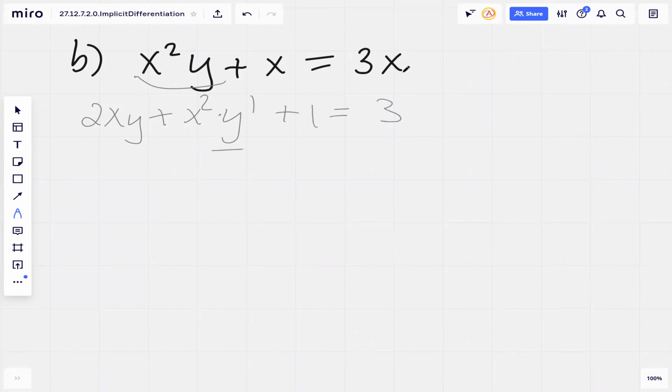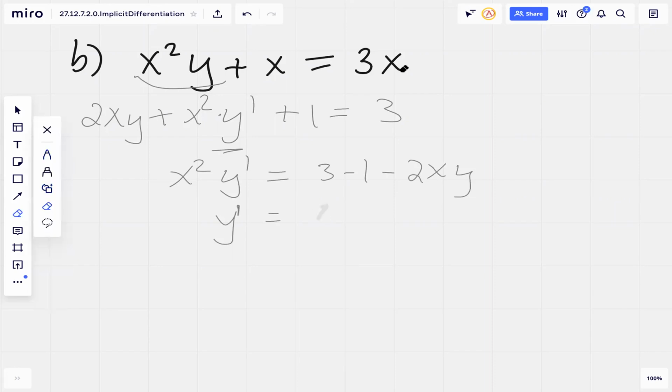Now we're going to solve for y prime. So let's do that. Bring everything over to the right-hand side. That 3 minus 1 is 2.